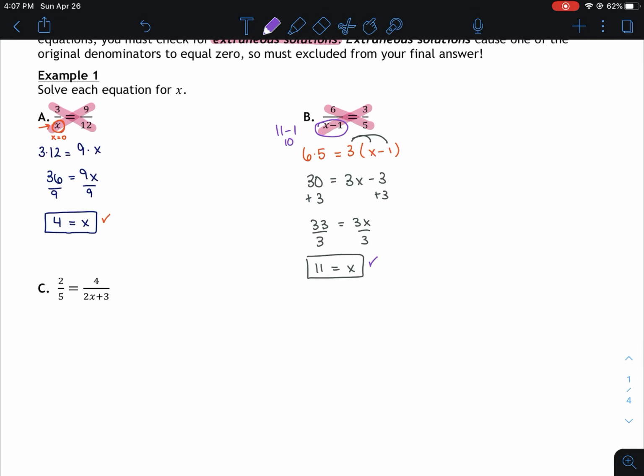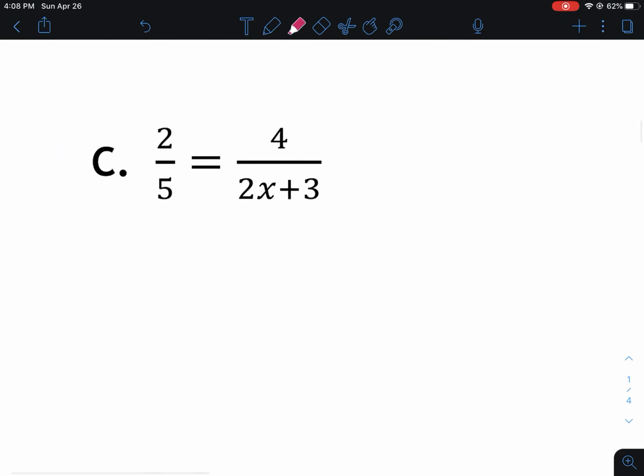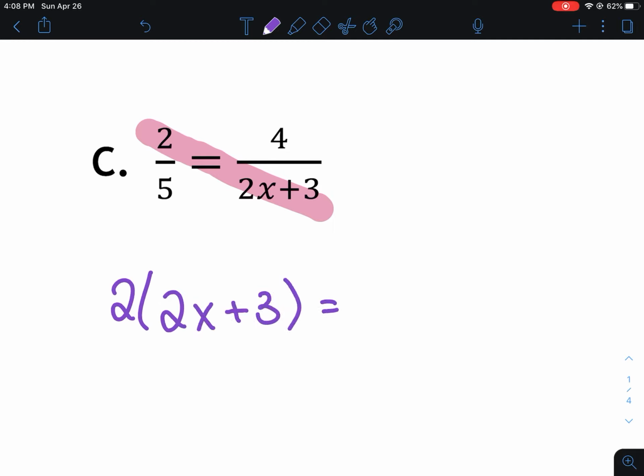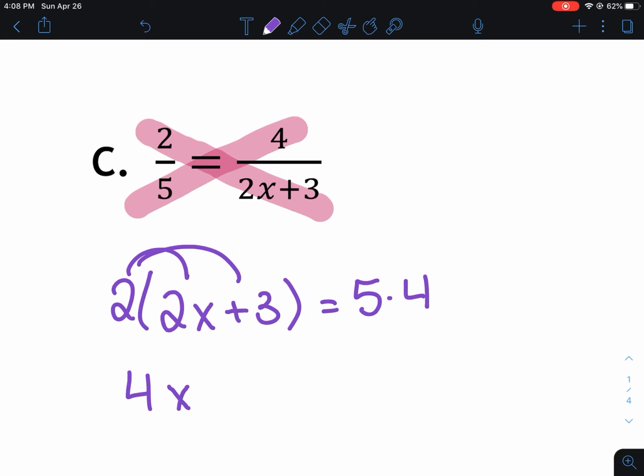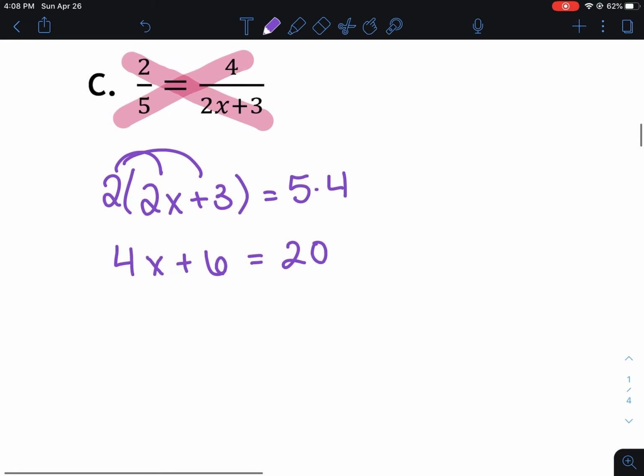All right. Go ahead and try C, and then come back and check with me. Okay, welcome back. Hope you tried this one on your own. And go ahead and make sure we have some parentheses here. So 2 times (2x plus 3), distribute, I get 4x plus 6 equals 20.